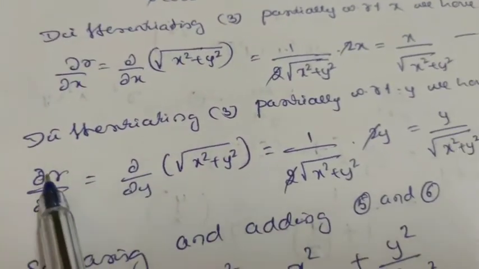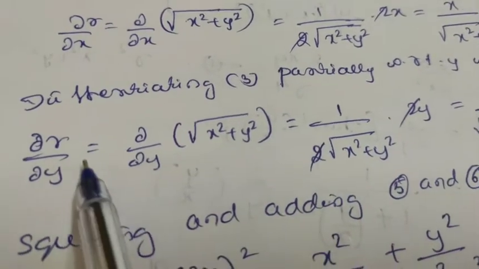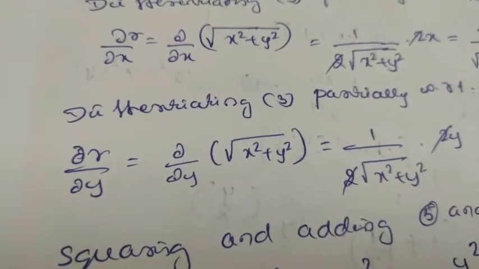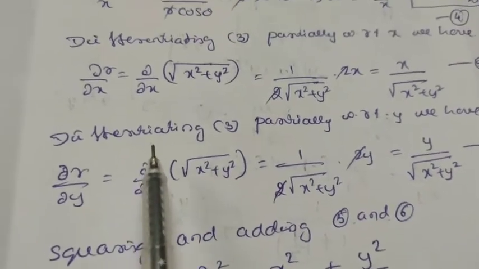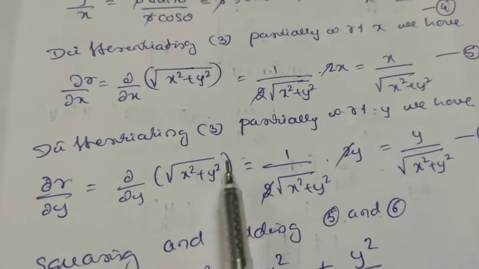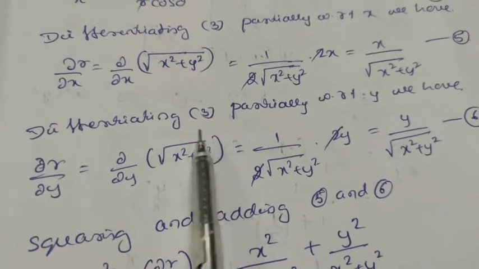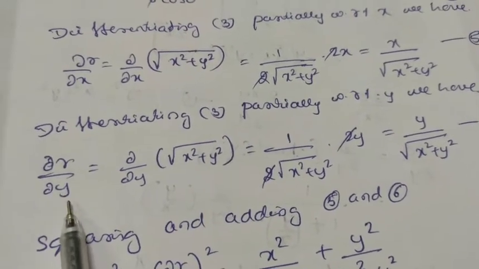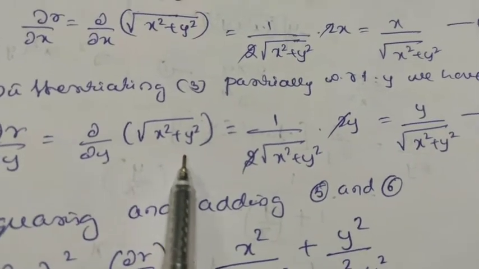Again, let us differentiate equation 3 partially with respect to y, that is dou r by dou y. Equation 3 is r, and r is equal to under root of x square plus y square. So dou r by dou y is equal to dou by dou y of under root of x square plus y square.